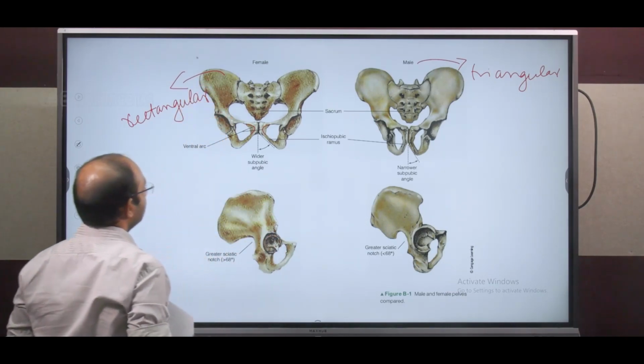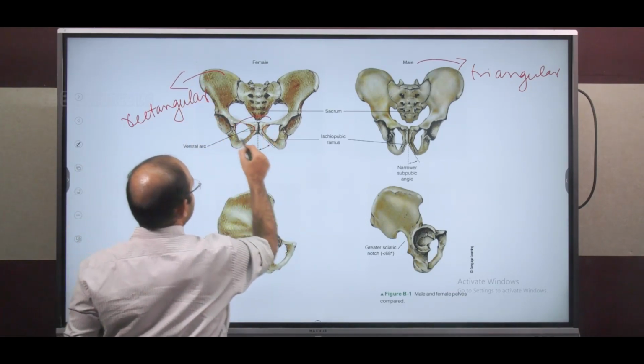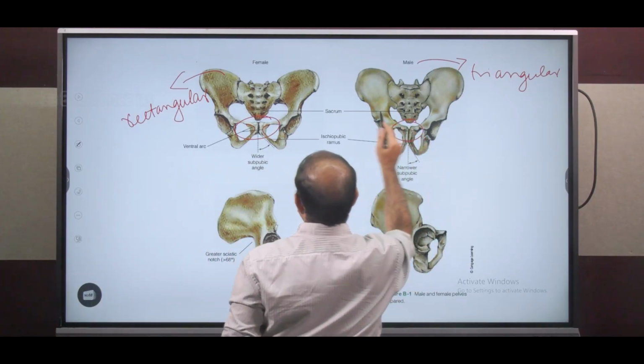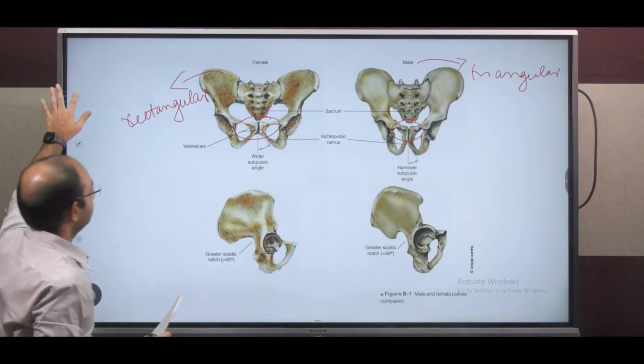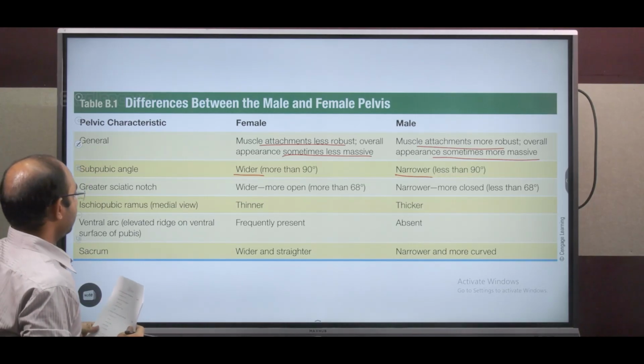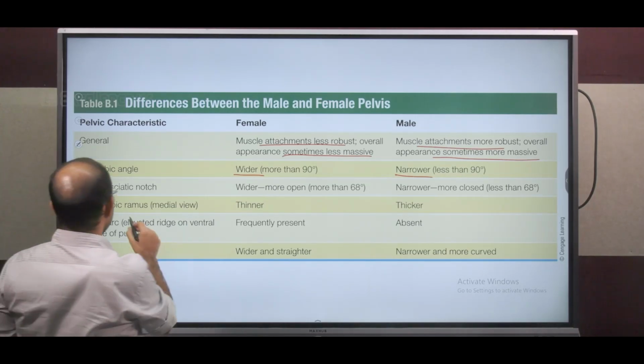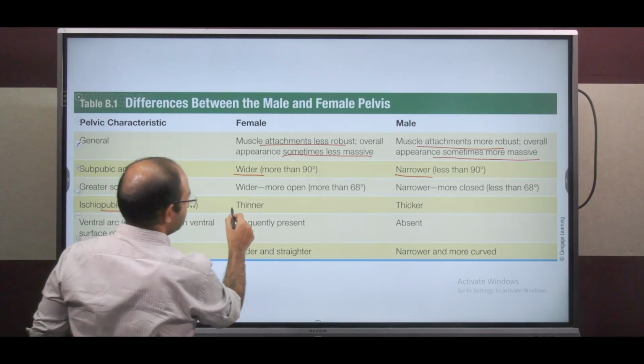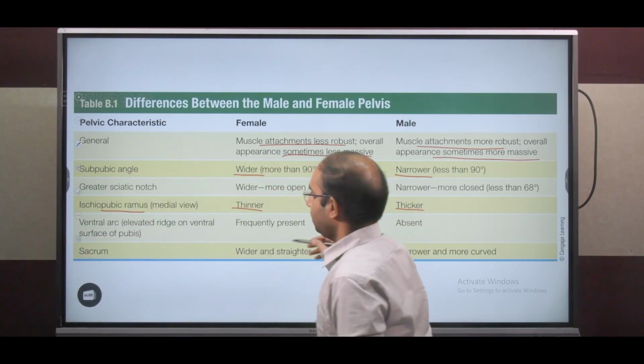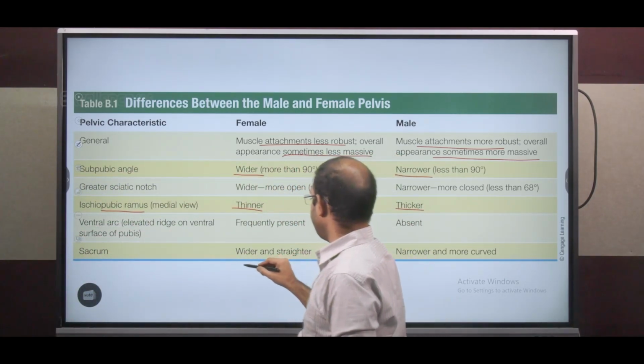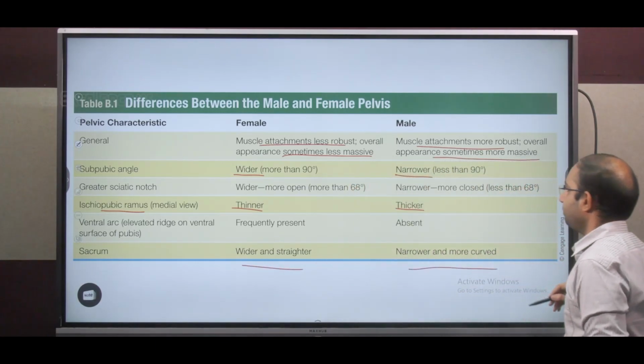This is what we mean by pubic angle. Here the pubic angle is wide, there the pubic angle is less wide, and here the pubic ramus is thinner, here it is thicker, and sacrum is wide and straight here, sacrum is narrow and more curved here.